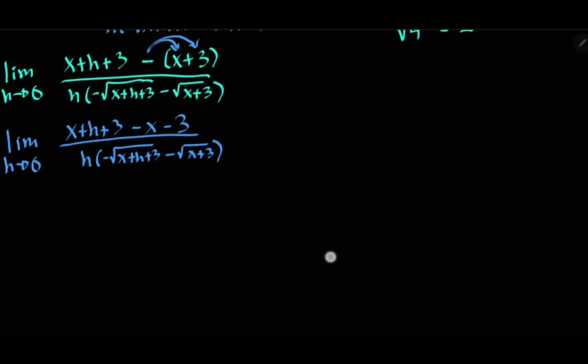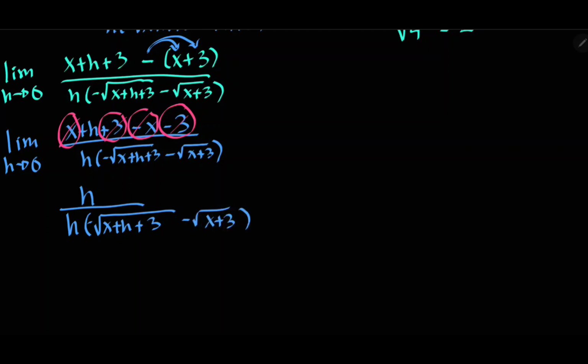We're going to see if we can cancel anything. So I see a positive 3 and a negative 3, a positive x and a minus x. X minus x cancels. 3 minus 3 cancels to 0 as well. So that means we're only left with a term h on top and then our long denominator.